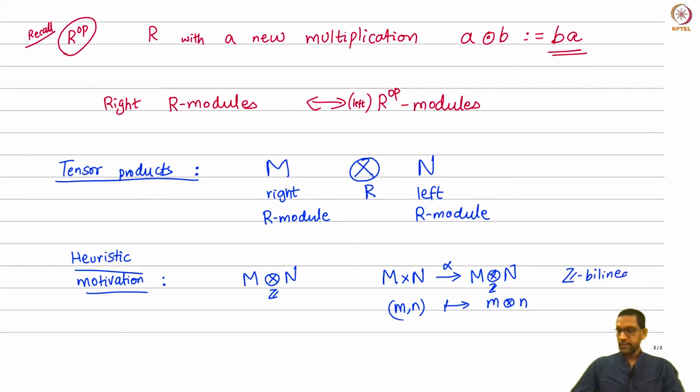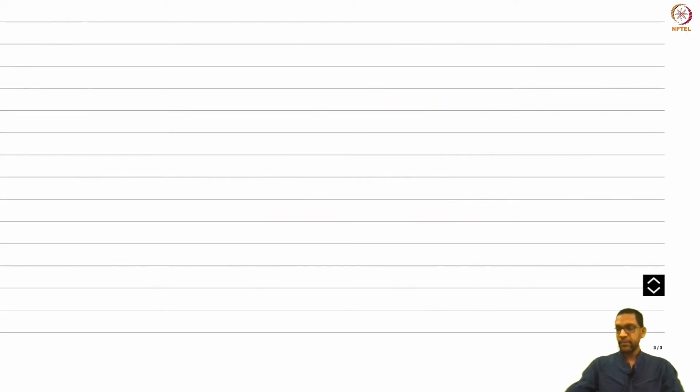Recall Z bilinear means that if I replace m by m1 plus m2, it distributes. Similarly, if I replace n by n1 plus n2, it splits into two pieces. Another way of saying what bilinearity is: if I multiply n by some integer a, then this scalar a can be pulled out.